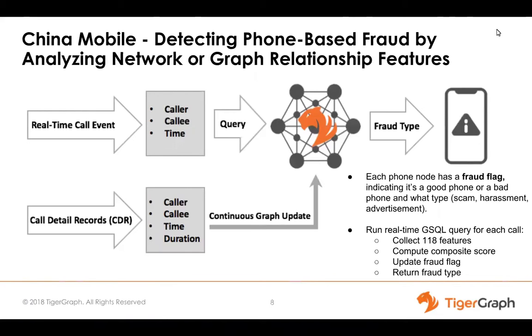But those flags will expire after a certain amount of time. So again, in real time, we are collecting the features, computing a composite score, and determining whether that is considered fraud or not. So we either set or clear the flag. And if it is fraud, we can also judge what type. Our model is actually a combination of models to determine a couple of different types of fraud.